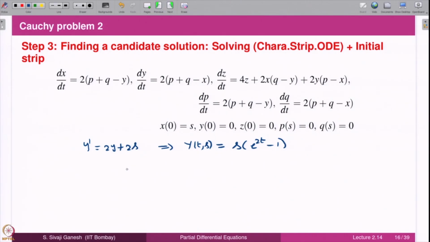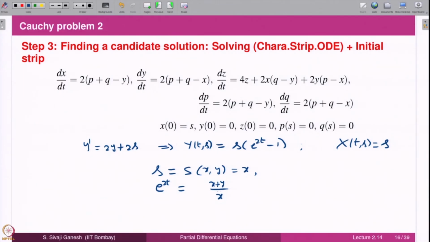So, from these two expressions, what is that expression for x? x(t,s) equal to s. This will give us an expression for s as a function of x, y, which is actually x, and what about y? Y I do not know, but let me write e power 2t using this, s equal to x. So, y by x plus 1. E power 2t is y by x plus 1.